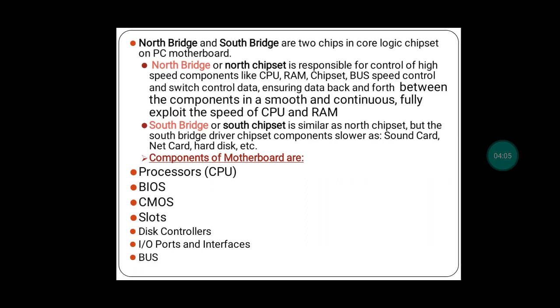Remember, here we are studying components of motherboard, and this question can be asked in your examination: list the components of motherboard. You need to write processor, BIOS, CMOS, slots, disk controllers, input output ports and interfaces, and bus. Now we will see one by one in detail what these are.